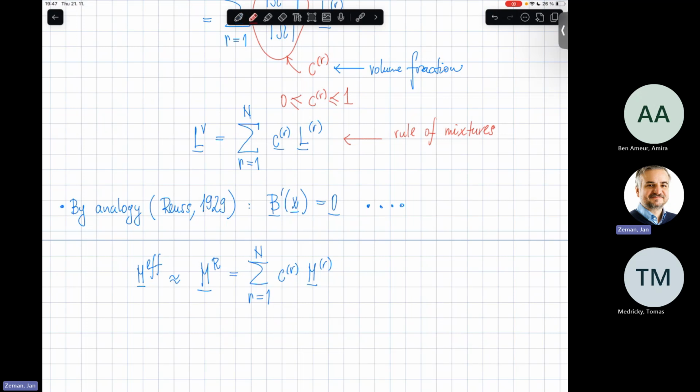And this is something which is called the inverse rule of mixtures. And why this is so, and how this is related to that rather extensive machinery of different notions and relations, this is something which I would keep to the next week.